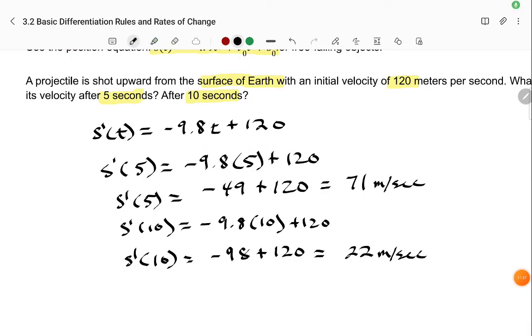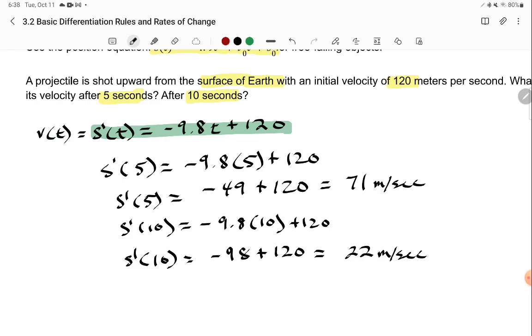Okay, so here, when we find the derivative with the initial velocity of 120, your derivative is negative 9.8t plus 120, applying the power rule. This is the change in position, but you should also be aware that this is the velocity, v of t.